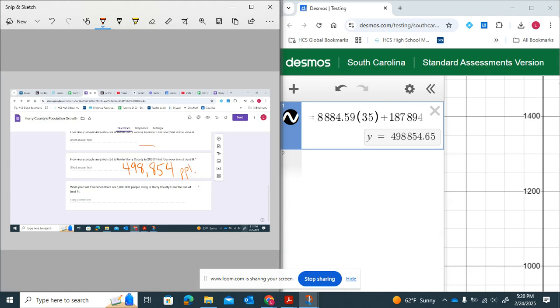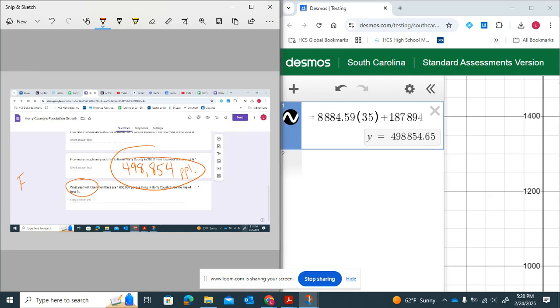Again, this is if the trend continues, if the number of people continues to increase at the same exact pace every single year, there would be roughly 500,000 people living in Horry County in 2035.